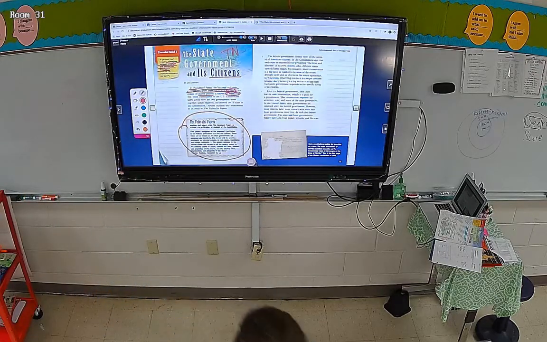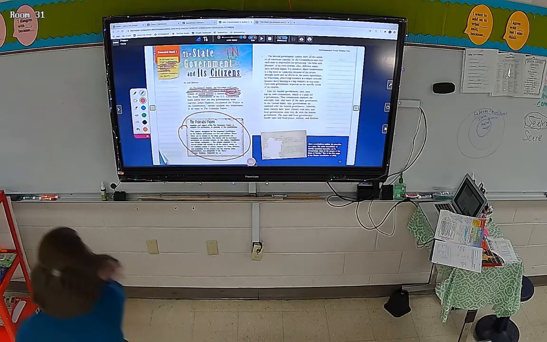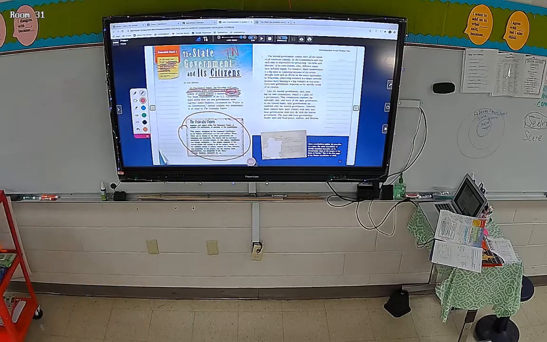The Federalist Papers. Madison and others wrote the Federalist Papers to support the ratification or passing of the Constitution. The powers delegated by the postponed Constitution to the federal government are few and defined.